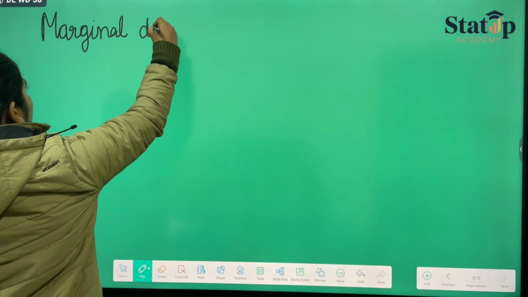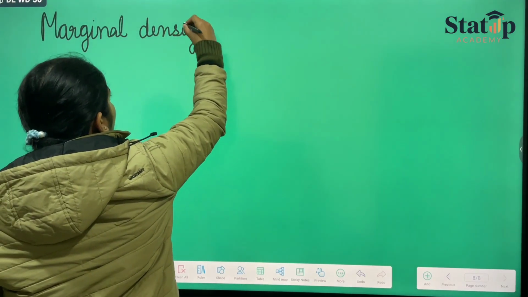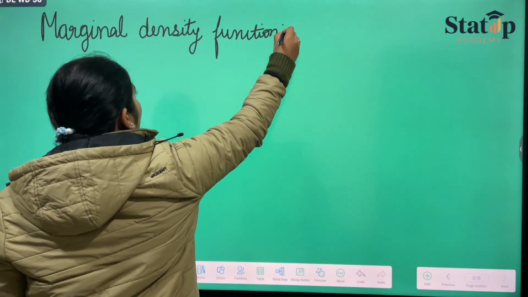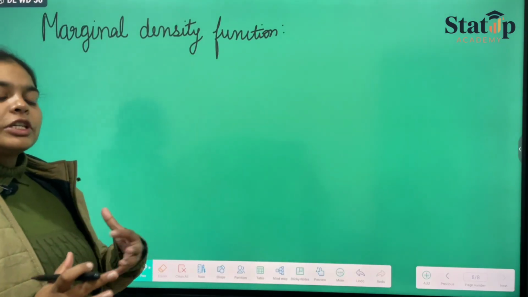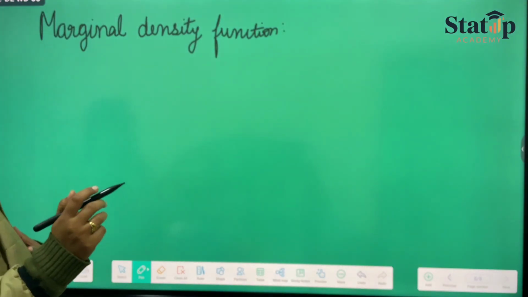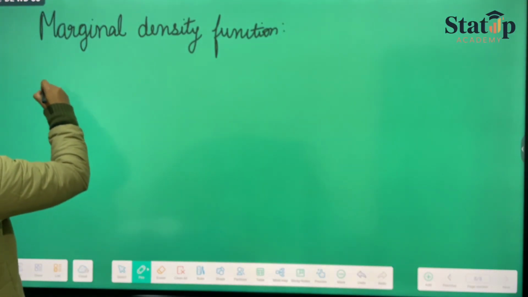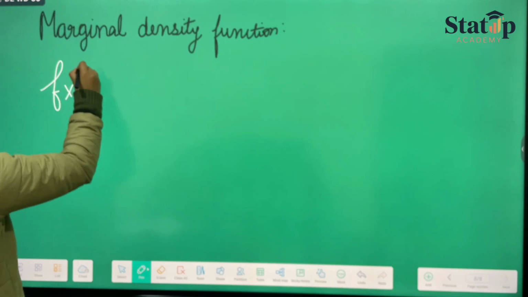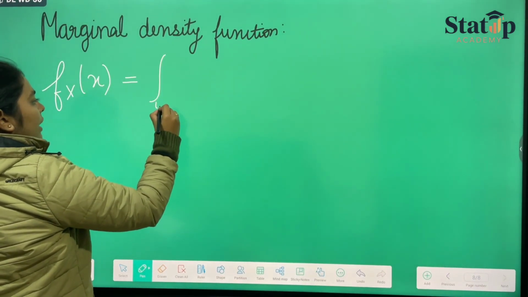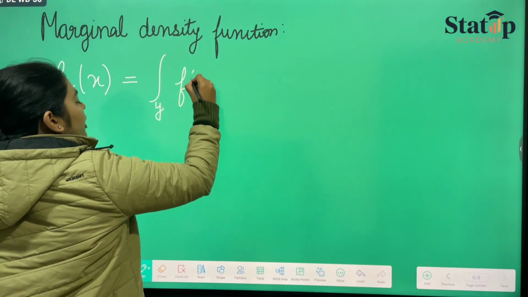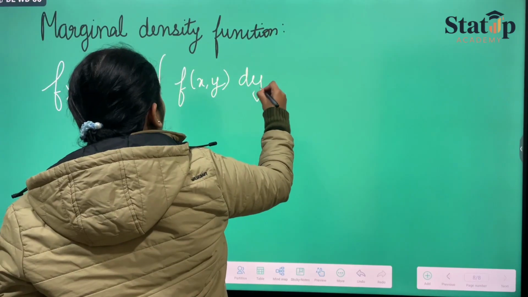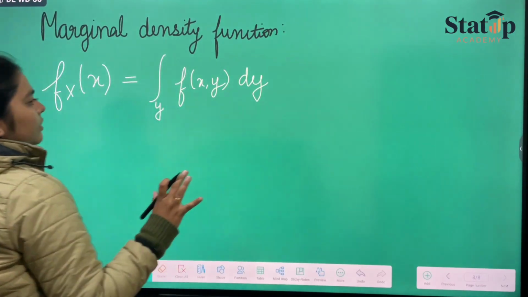Marginal means from two we just want to know about one. The density function is for continuous random variables. Suppose we have to find the marginal density function of x, f x, then the function will be the integration over y of the joint PDF f x y dy. This will be our marginal density function for x.